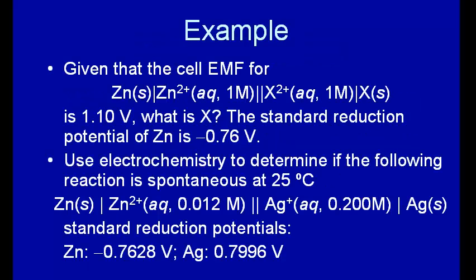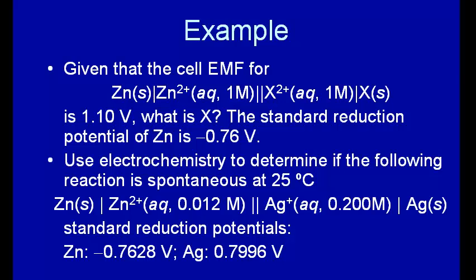Okay, let's go on to another example. Here are 2 examples on this slide. Given that the cell EMF for this particular cell, given in this standard cell notation, where we don't know what X is, is 1.10 volts, what is the identity of X?